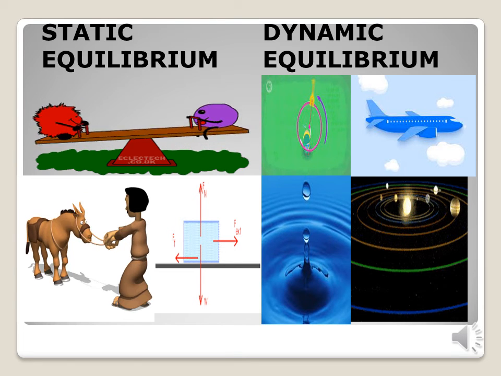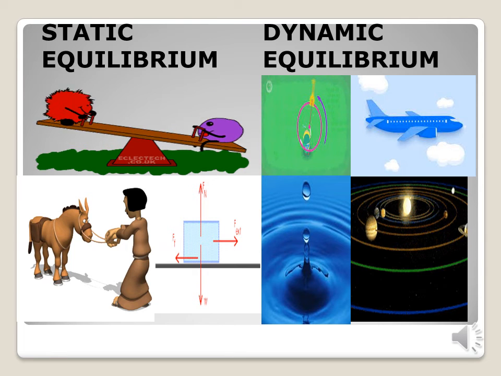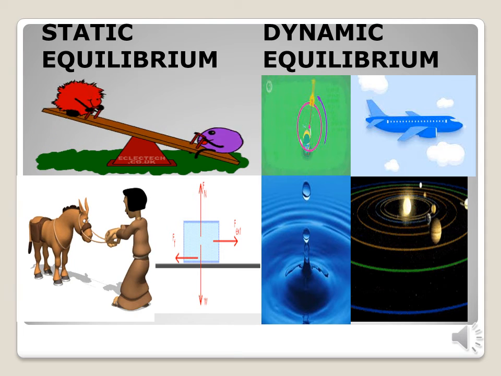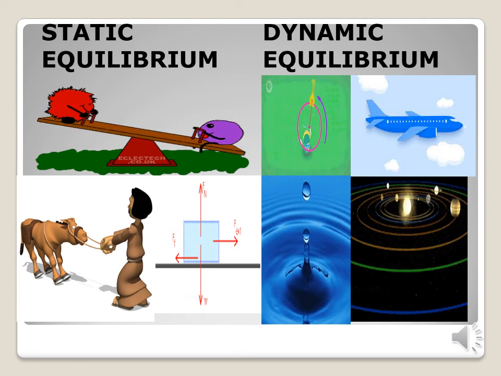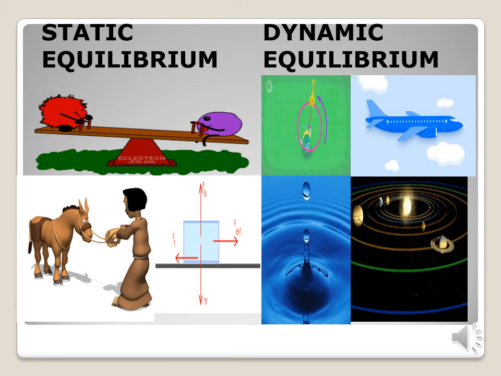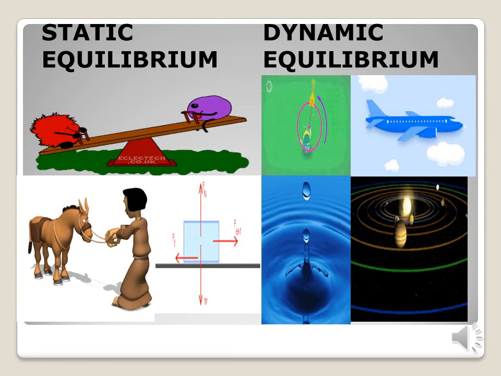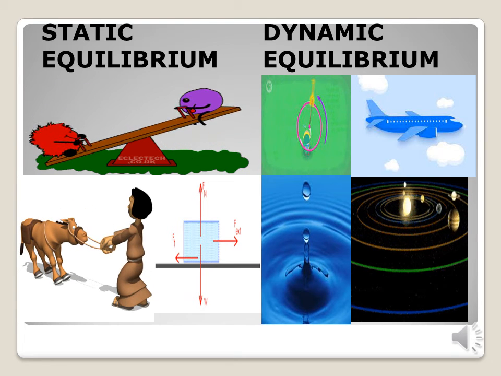That is, it is in a state of static equilibrium. In the same way, if a book is lying on a table, the weight of the book exerted on the table vertically downwards is balanced by the equal and opposite force of reaction exerted by the table on the book vertically upwards. Thus, the book is in static equilibrium.